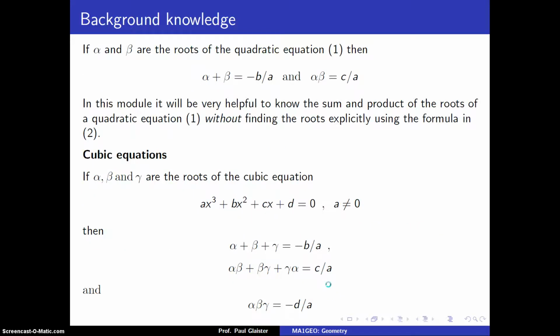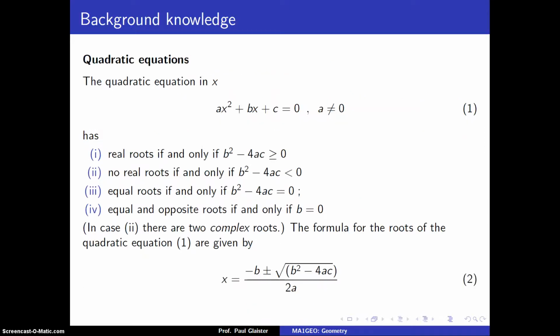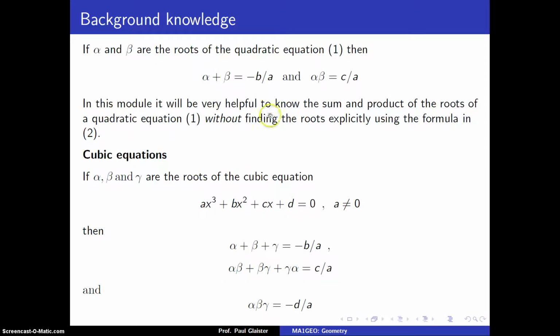In particular, when we look at the sum of the roots of a quadratic equation and the products of roots of a quadratic equation, you can show that with the coefficients on the previous page of x squared being a, x being b and the constant term c, then the sum of the roots of such a quadratic equation, if one calls them alpha and beta, the sum alpha plus beta is always minus b over a, so minus the coefficient of x divided by the coefficient of x squared, and the product of the roots is the constant term divided by the coefficient of x squared.